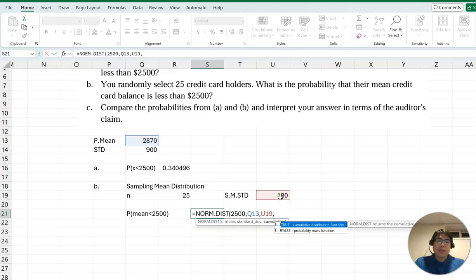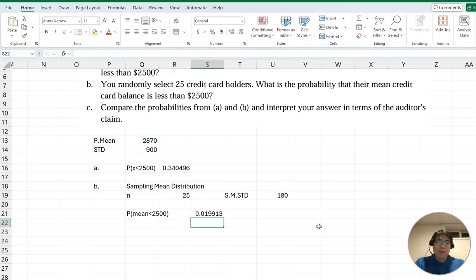Then comma, cumulative, true. Now we got 0.019913. Let's compare these two values: A is 0.34, and B is about 0.02.